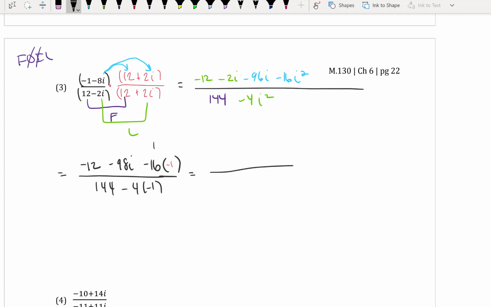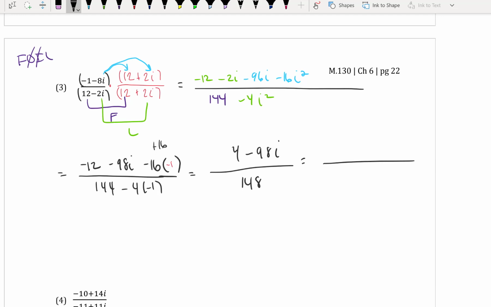So this ends up becoming a positive 16. So -12 plus 16 gives me a 4. And I still have my -98i. And 144 minus 4 times -1, which is the same as 144 plus 4, is going to give me 148.